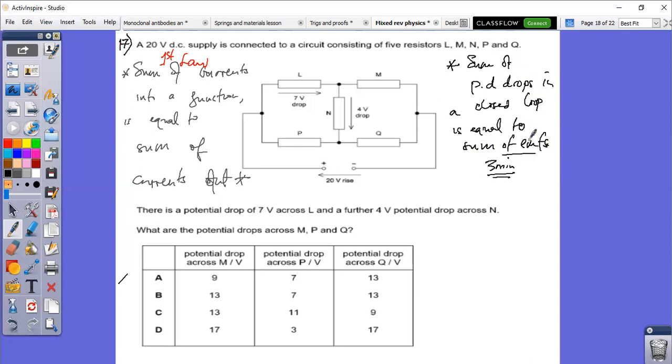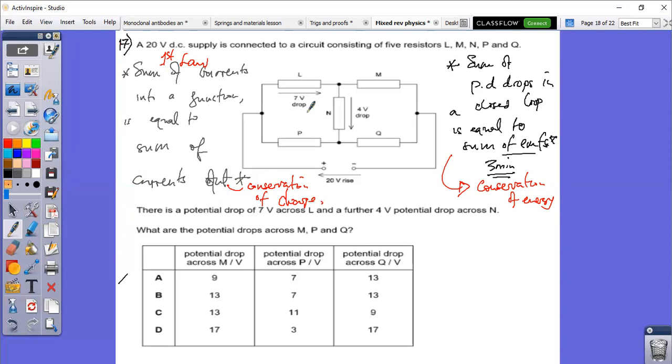Now, such a simple little statement, but my days, what complications and difficulties it brings. This is a consequence of conservation of energy, and the first law is a consequence of the conservation of charge.